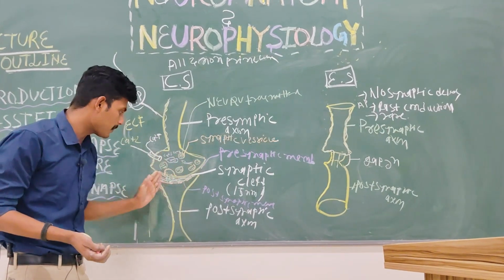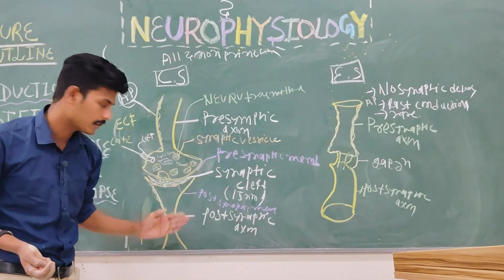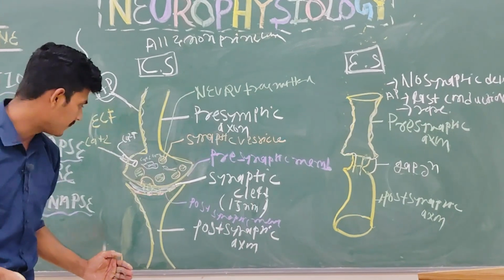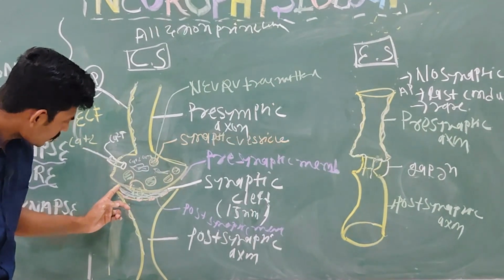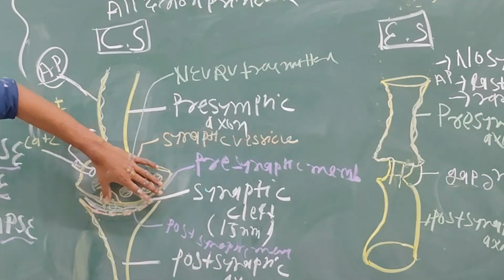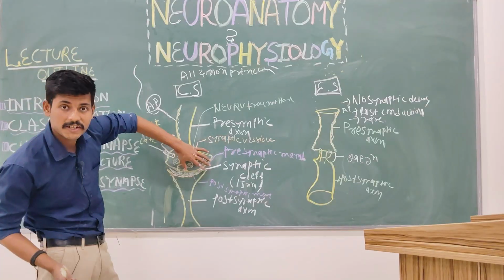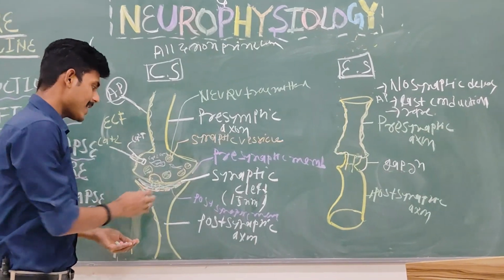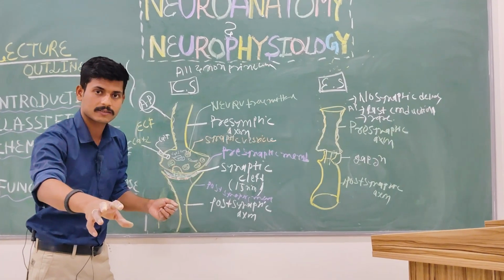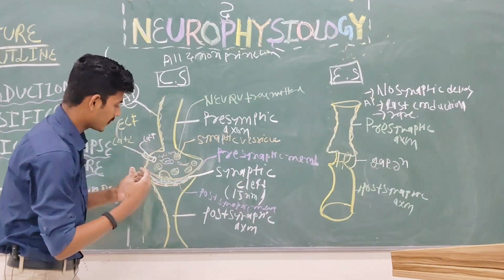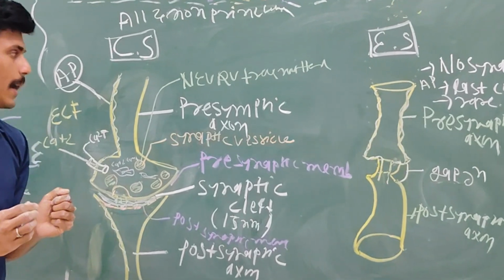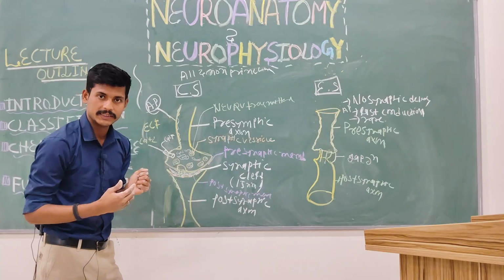The first neuron's membrane we referred to as the presynaptic membrane, and the second neuron's membrane as the postsynaptic membrane. Then we saw that the axon endings have plenty of mitochondria as well as different vesicles. These vesicles hold a special kind of chemical that we refer to as neurotransmitters.